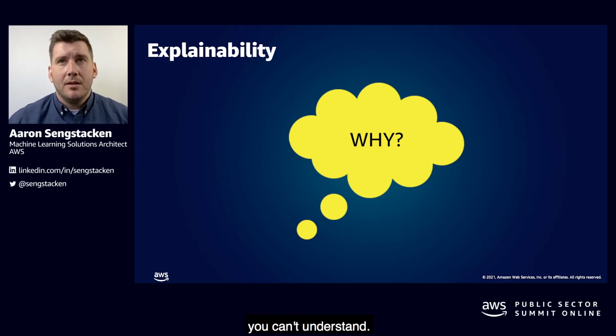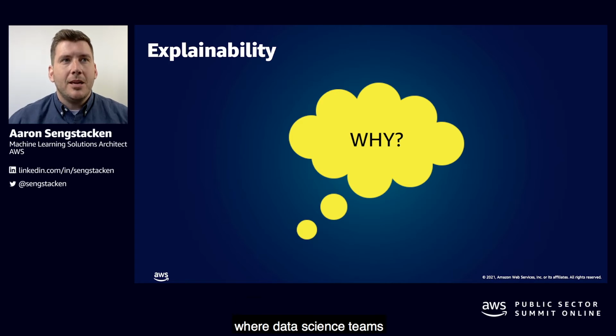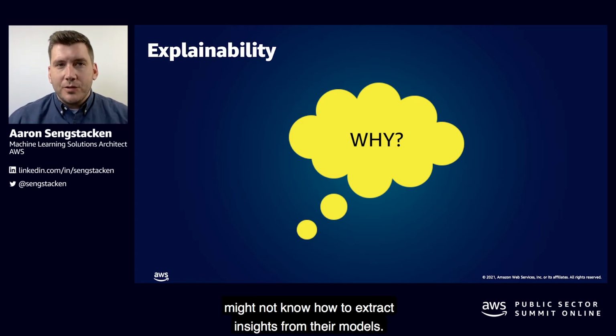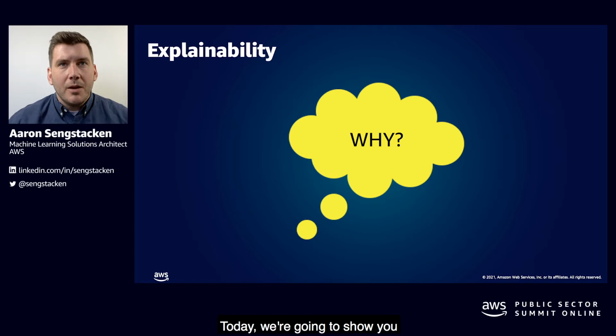This statement might be true in some cases where data science teams might not know how to extract insights from their models, or might not know how to assess explainability of their machine learning models. Today, we're going to show you how to understand the why behind a machine learning model prediction.